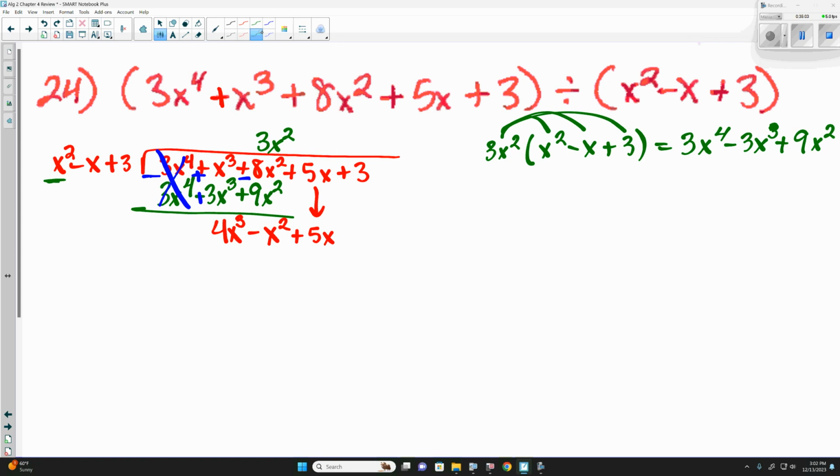This time we're trying to see what times x squared gives us 4x cubed. Well, we need to turn 1 into 4, so we need to multiply it by a positive 4. x squared to x cubed means we'll also need an x. Questions on how we got the next term of 4x?